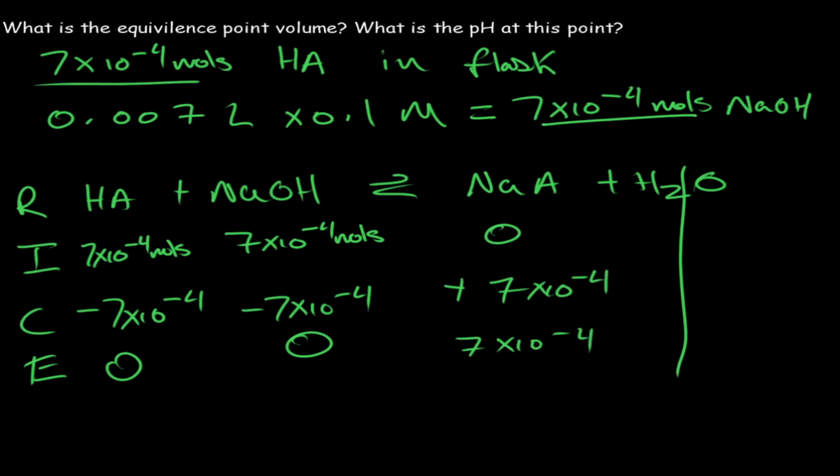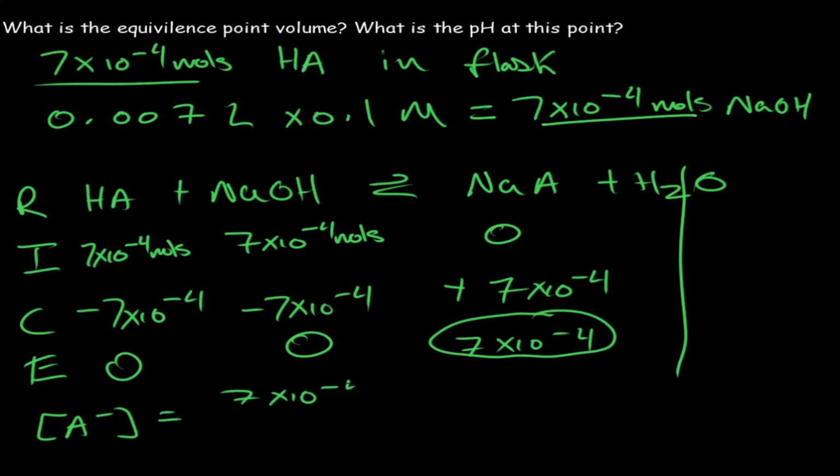So we can see here that the only thing left in our flask that can affect our pH is sodium acetate. And again, sodium acetate is simply just acetate in our solution. So let's try to figure out the concentration of our acetate ion. We know we have 7 times 10 to the negative 4 moles of it in our flask. And we know the volume of our flask is 0.035, which was 35 milliliters that was initially in the flask.